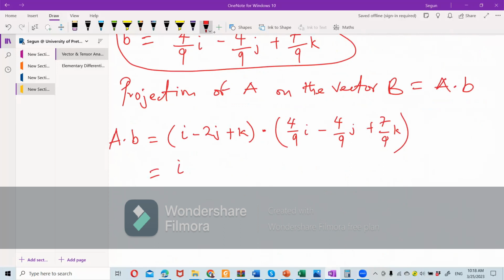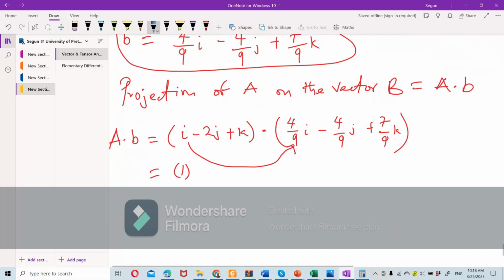Okay, the coefficient for i is 1. I will multiply with i. J will multiply with j.